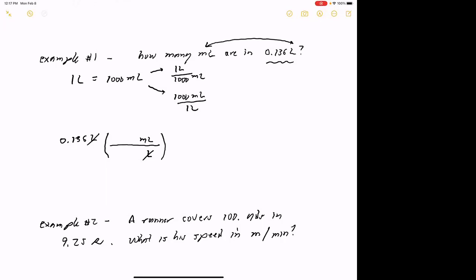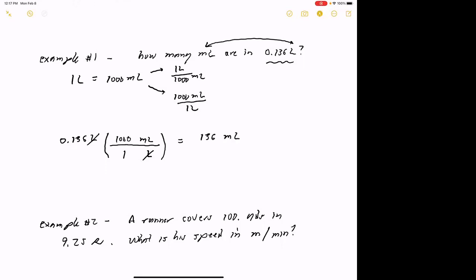So the units are guiding me in terms of which statement I'm going to use. Okay, so going back to my equivalency statement, I know that there are 1,000 milliliters in 1 liter. Okay, and now I can go ahead and just do the math. So if I multiply 0.136 times 1,000, you get 136.